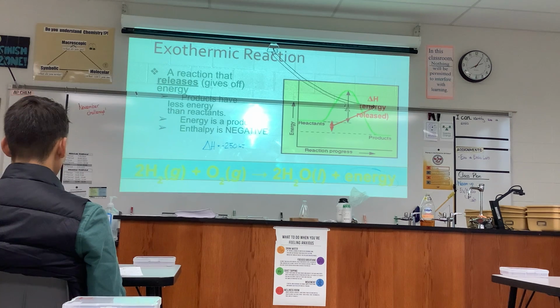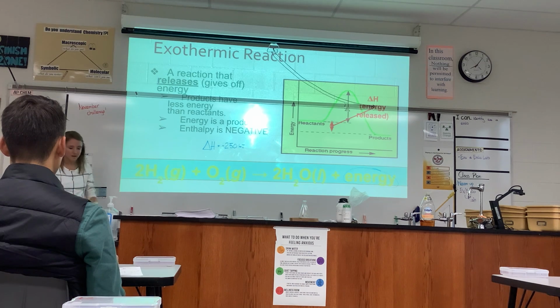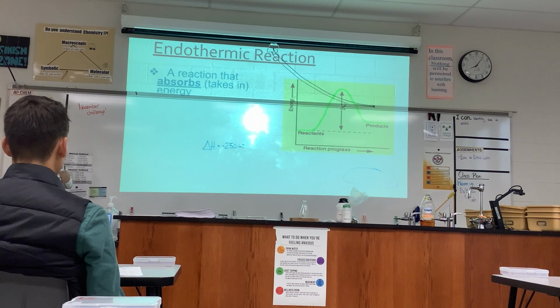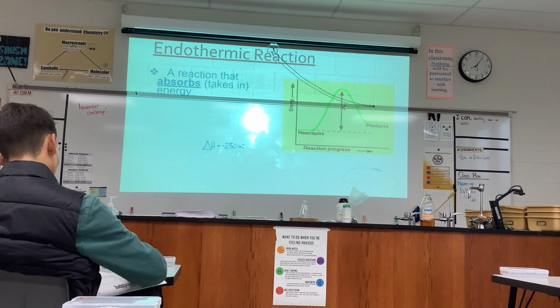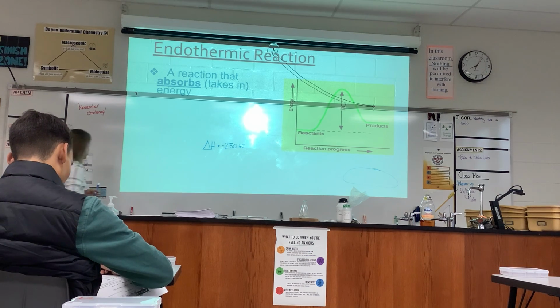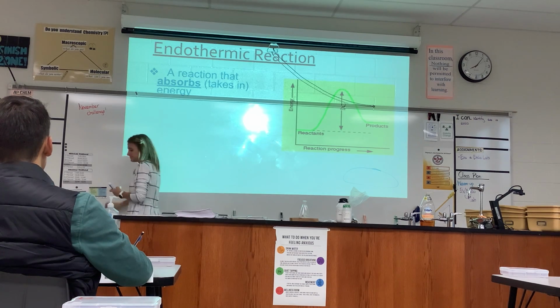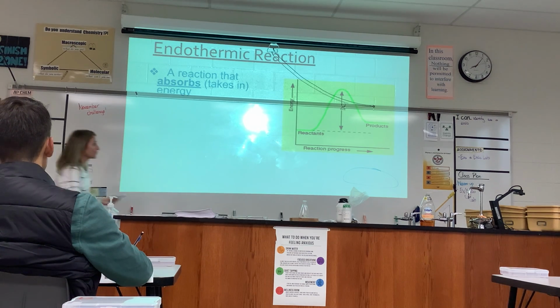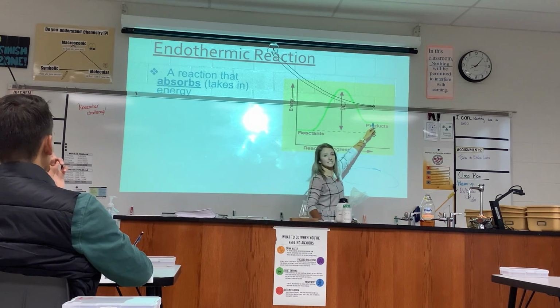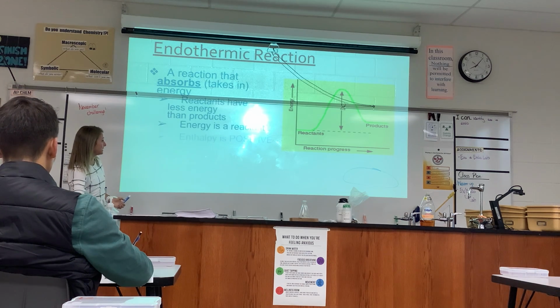Okay, questions so far on endo or exothermic? We're now going to talk about endothermic, but it's just completely opposite. The cool thing is, as long as you identify one pattern, you kind of know all the rest. So endothermic, once again, think of enter, exit, enter. Endothermic means the heat is entering the system. This is where the reaction is absorbing the energy. It's taking it in. So our graph is always going to have the products higher than the reactants, so you're going to have a bigger uphill than you do downhill.